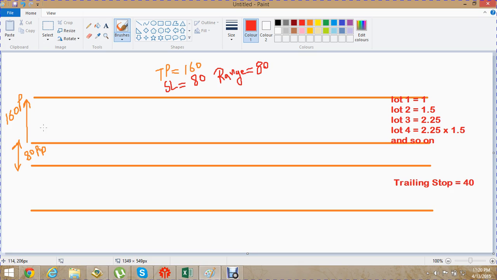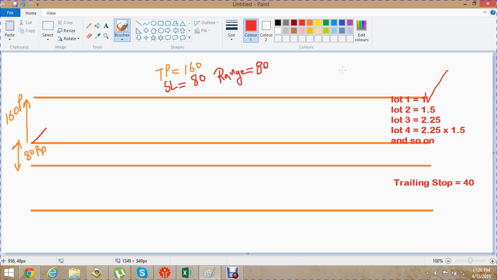The core of this strategy is the idea which I'm going to show you here. What we do in this trading strategy is place a trade, let's say a buy trade, with a lot size of 1.